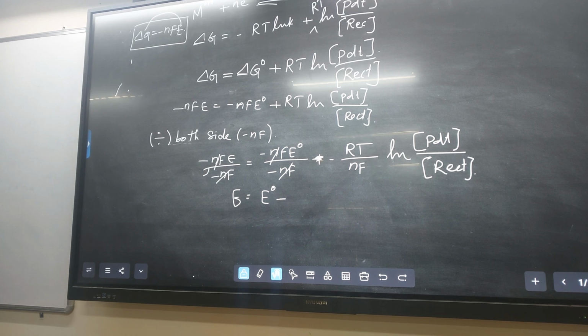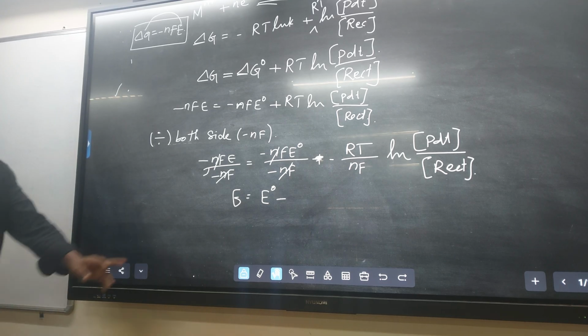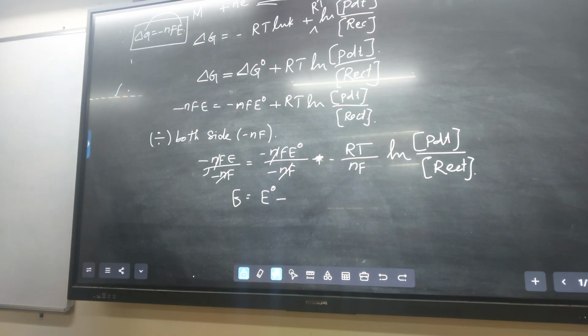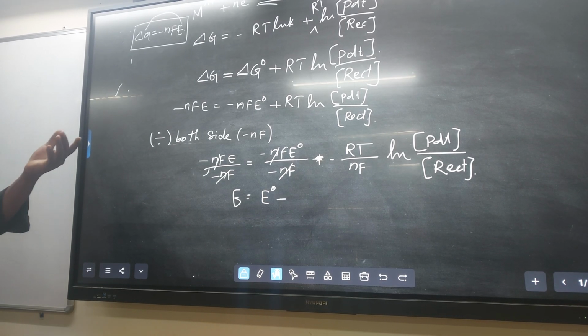At the final equation, you substitute the gas constant R value, you know 8.314, and temperature, you take room temperature, and the F value 96,500.